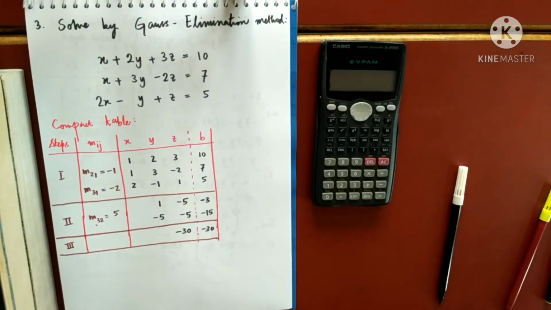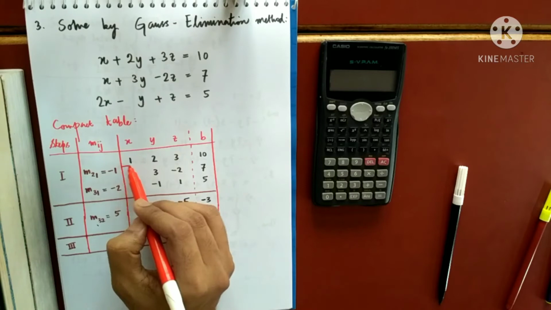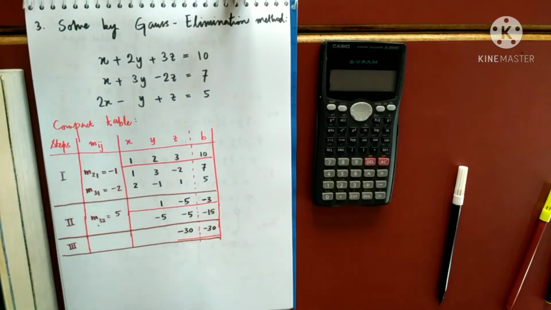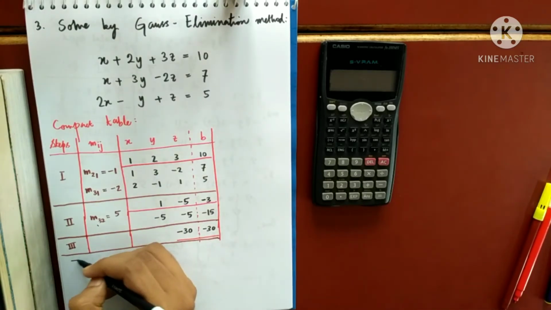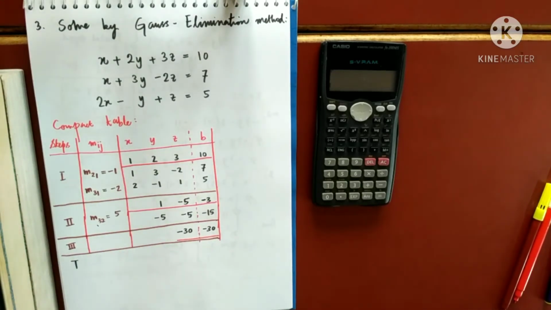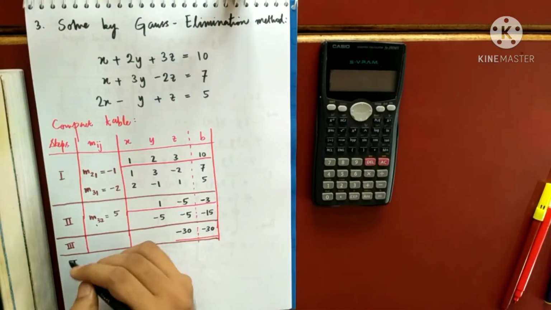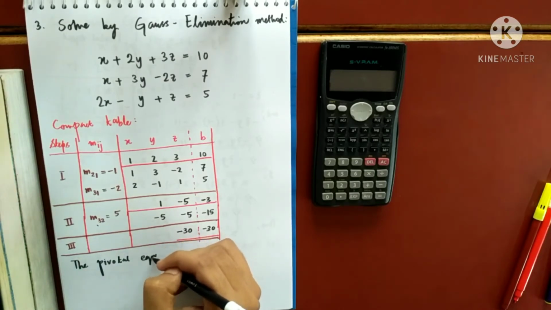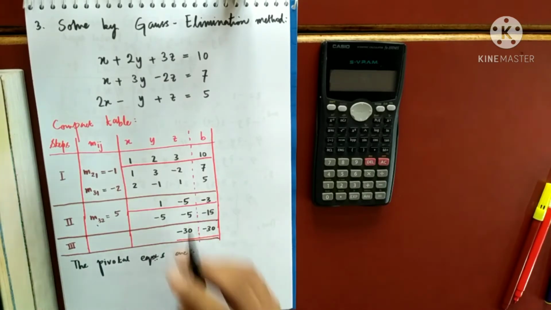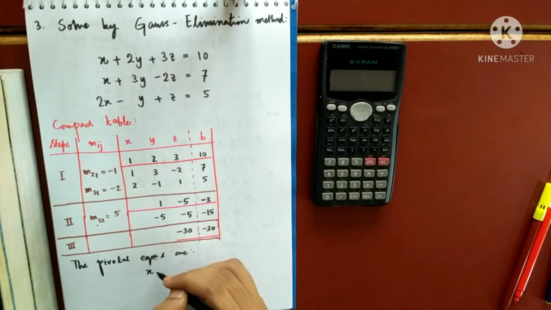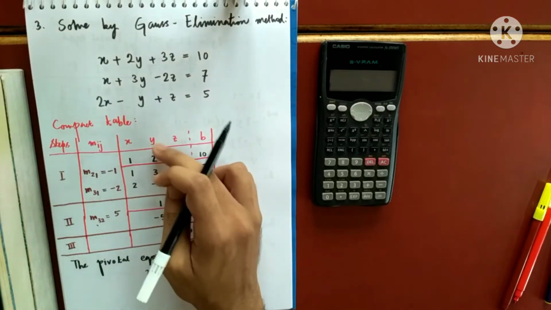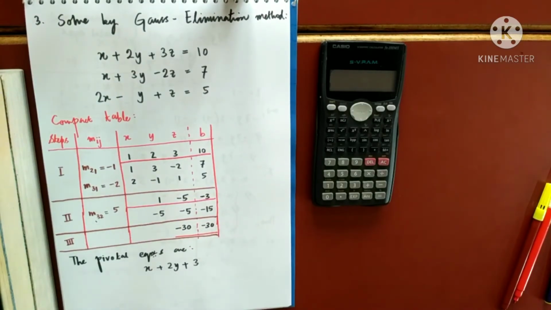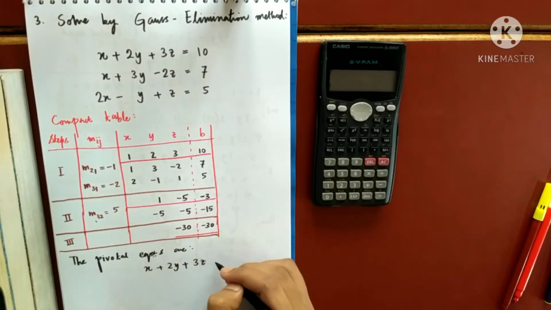Now, what are my pivotal equations? This one is my pivotal equation, this one and this one. So I will write that down. Sir, can you repeat? What are my pivotal equations? The first one remains as it is, that is x plus 2y plus 3z equals 10.